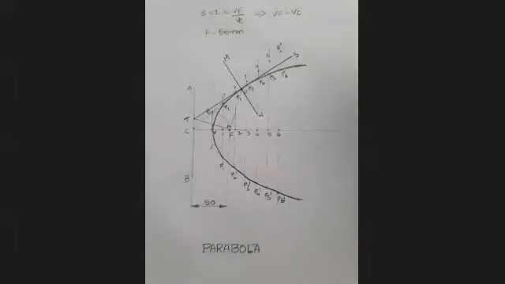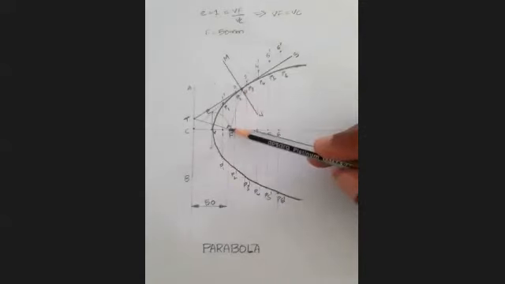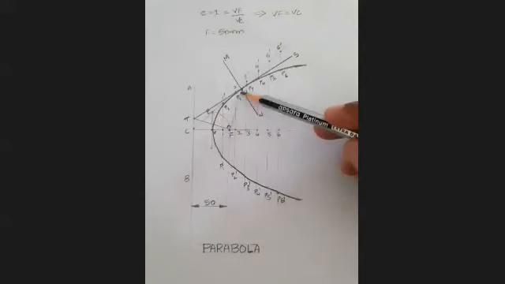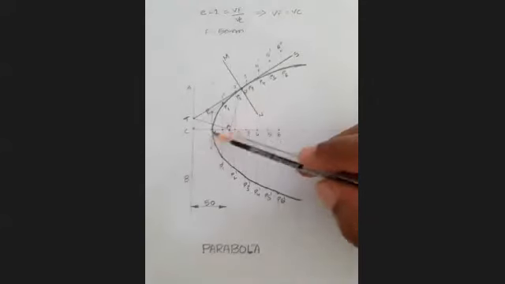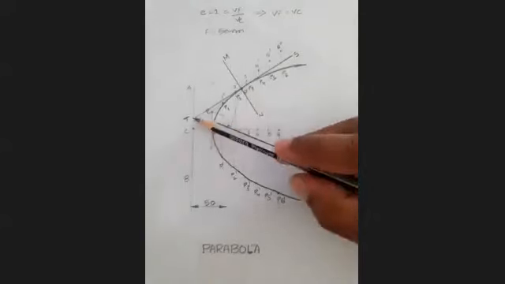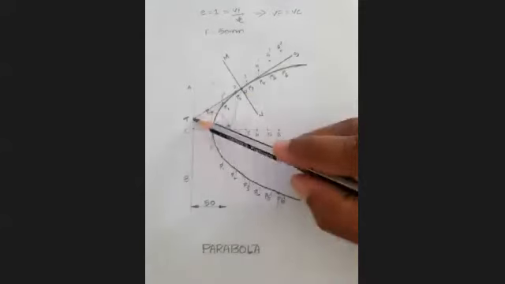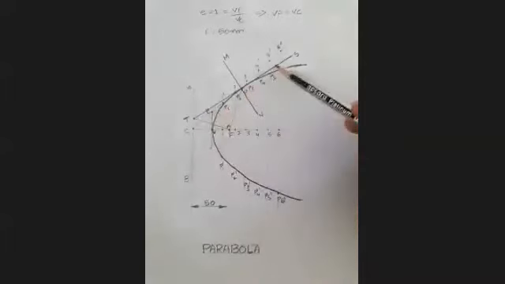One student is asking to explain once again normal and tangent. Join PF. You will get an inclined line. To this inclined line, you draw a perpendicular line from F. Wherever this perpendicular line intersects your directrix, name the point as T. Join TP and extend.